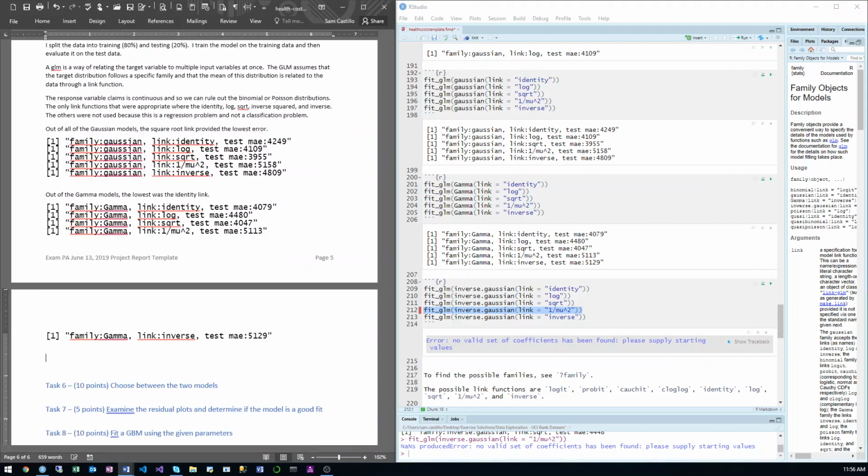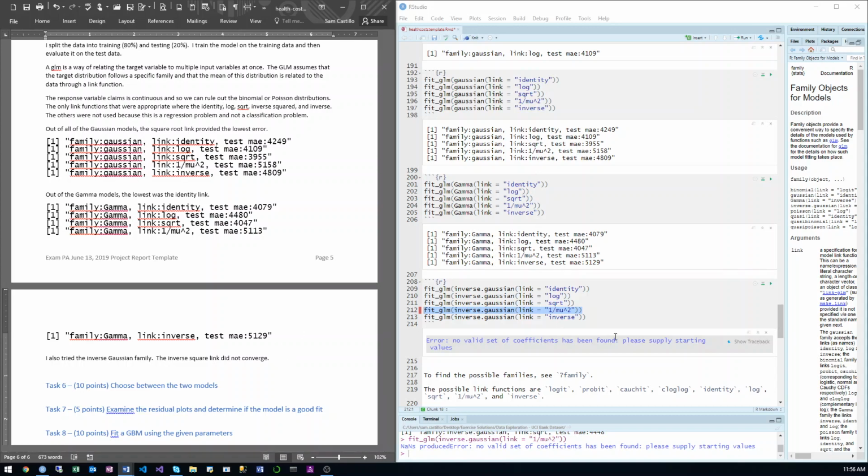I also tried the inverse Gaussian. The inverse square link did not converge.